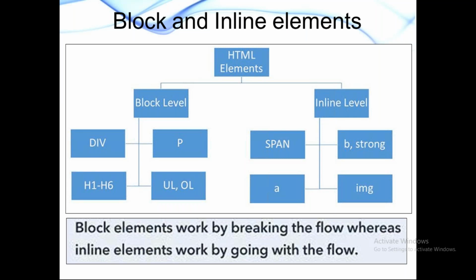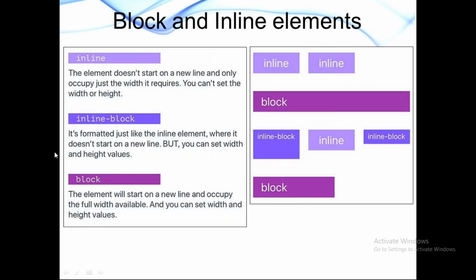I can display 3 hyperlink tags in a single line because the display is inline for the hyperlink tag. Fine. Now by default for the inline elements, I cannot specify the width. And for the block elements, I can specify the width.